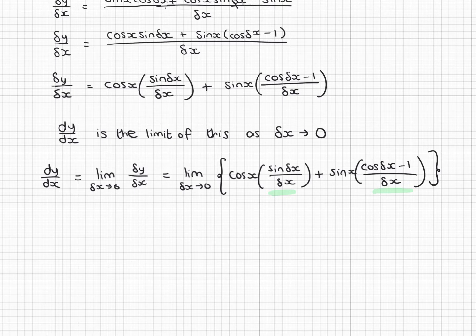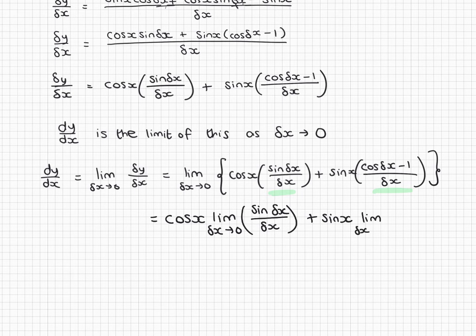So another way of writing that would be cos x, and then the limit as delta x tends towards 0 of sine delta x over delta x, plus sine x times the limit as delta x tends to 0 of cos delta x minus 1, all divided by delta x.